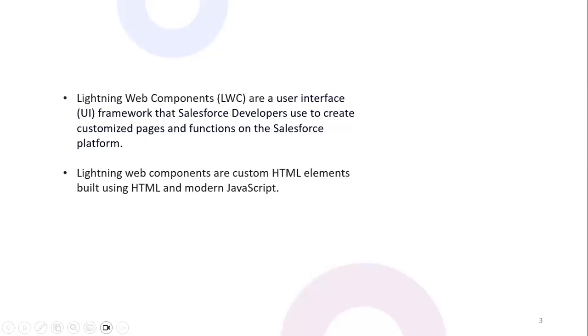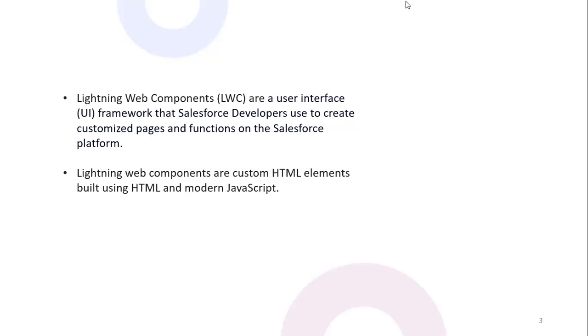So what is this Lightning Web Component? It's a user interface framework that Salesforce developers use to create customized pages and functions on the Salesforce platform. That means it's a UI framework where we can design our own component and place it on our Salesforce org. So to perform any kind of operation, let's say I wanted to design a user form.